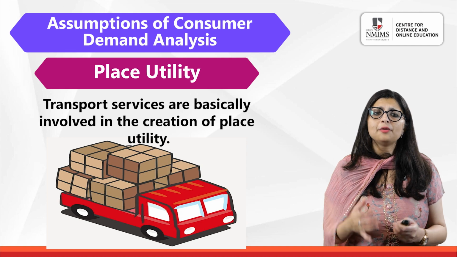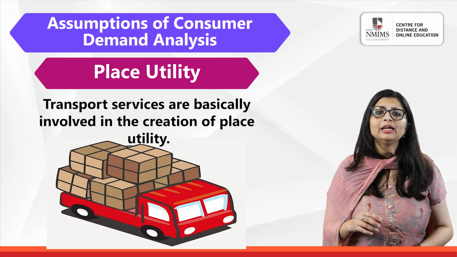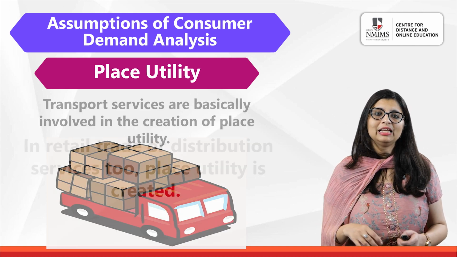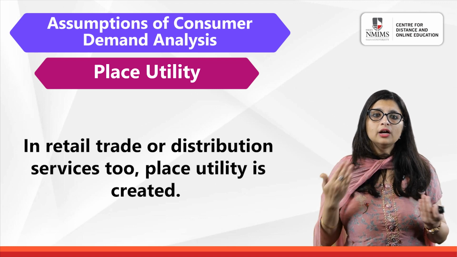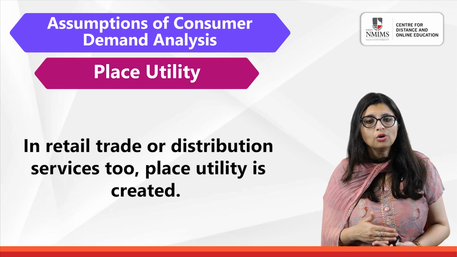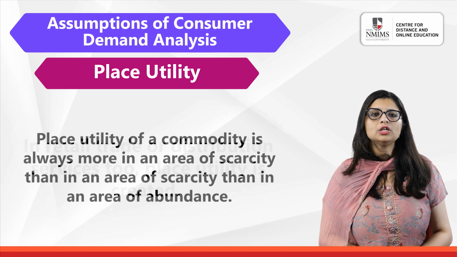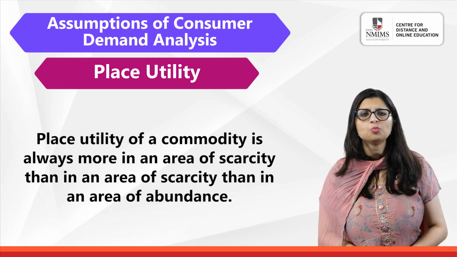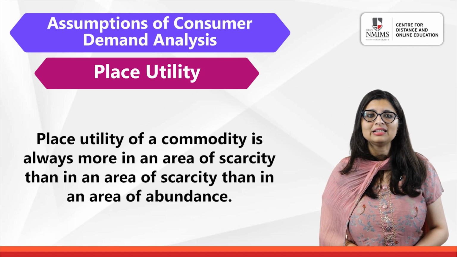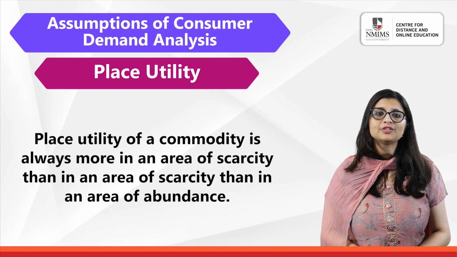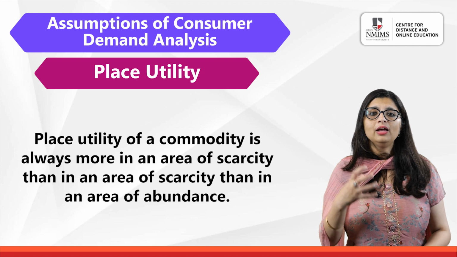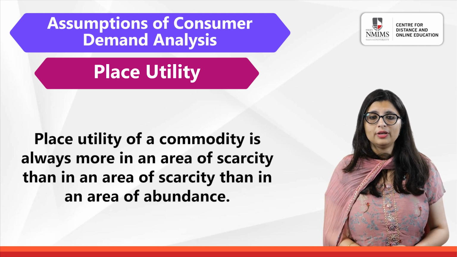Transport services are basically involved in the creation of place utility. In retail trades and distribution services too, place utility is created. Thus, the place utility of a commodity is always more in an area of scarcity than in an area of abundance.